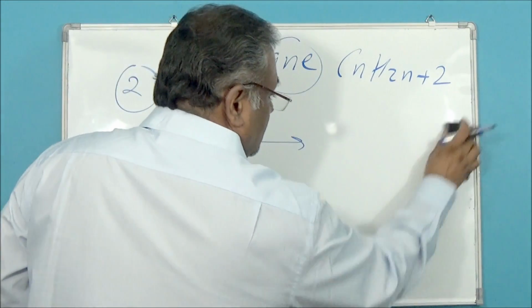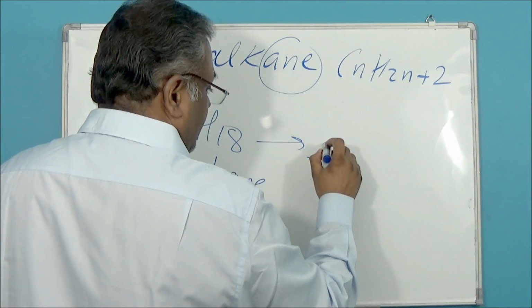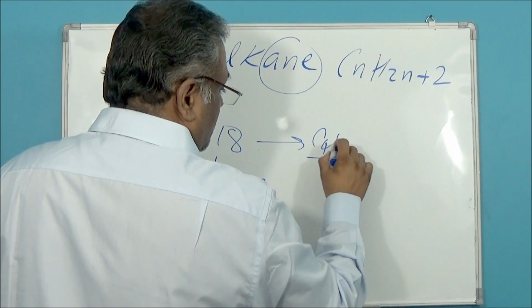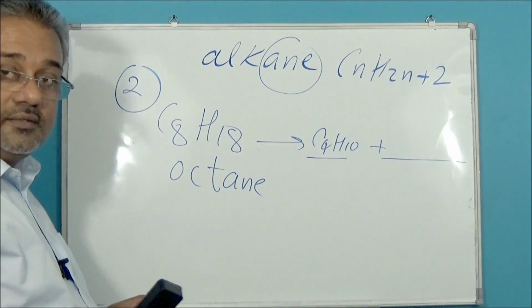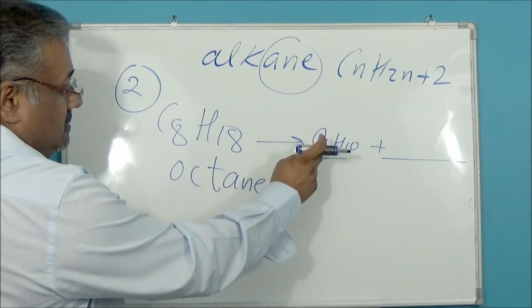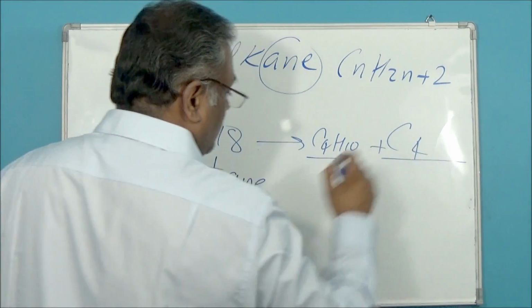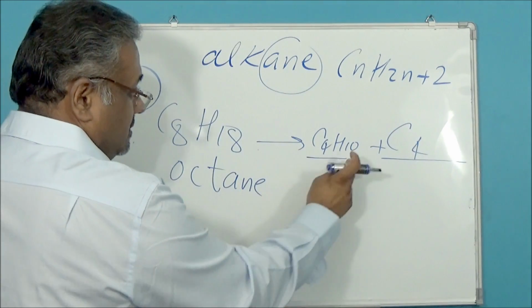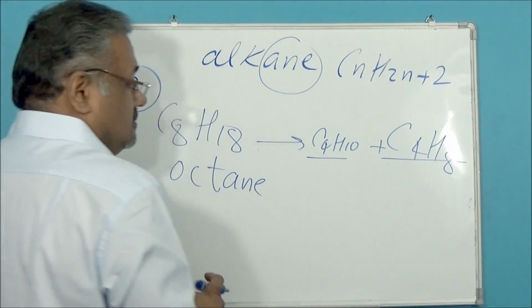This question can be asked in different ways. For example, if the examiner says, I want C4H10, what else could be a product? Well, in that situation, there are 8 carbons, there are 4 carbons here, subtract them, that gives you C4. From 18 hydrogens, subtract 10, that gives you 8.